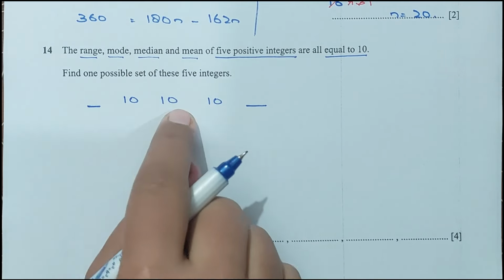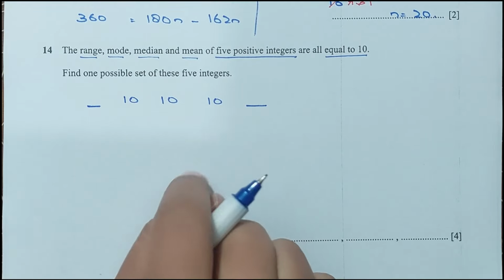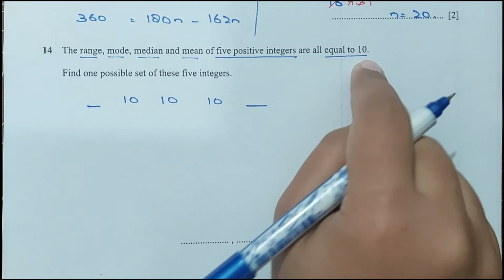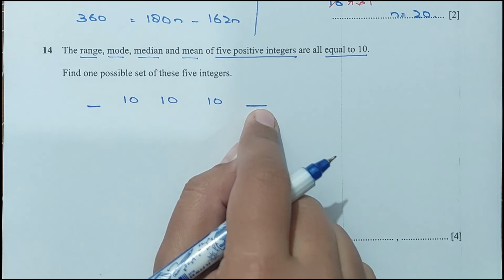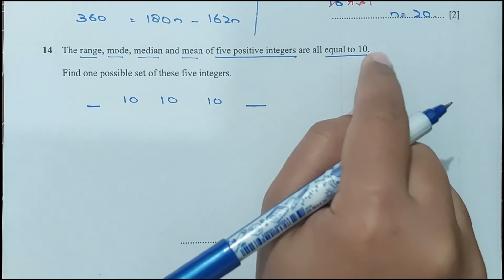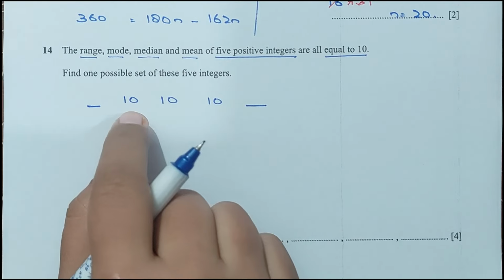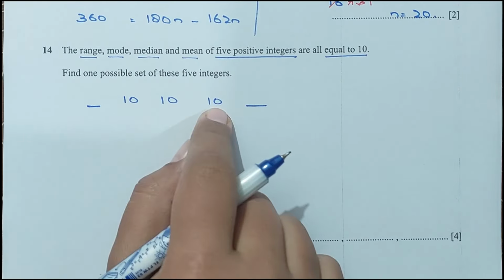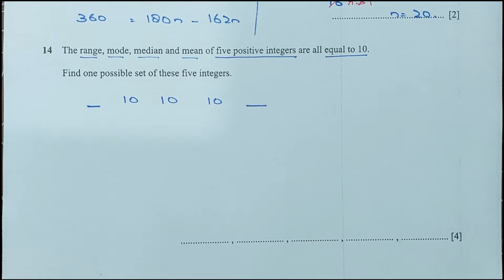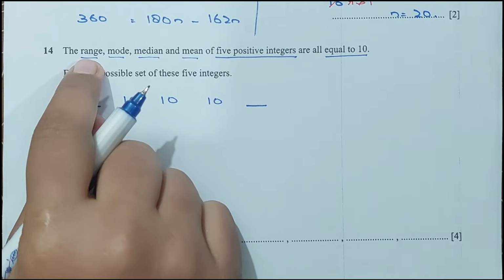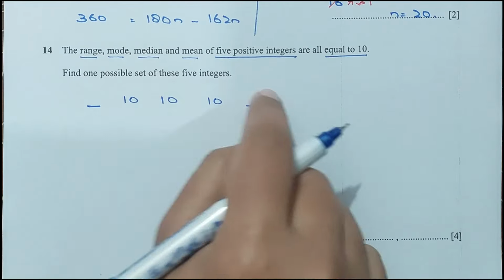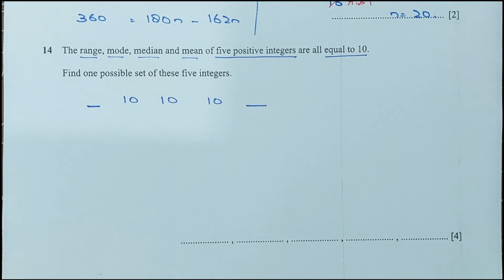Mean means we have to sum all the 5 and divide it by 5, we will get 10. It means the sum of all 5 must be 50, and 50 divided by 5 gives you 10, right? Okay, how can I make the sum 50? So it's 10, 10, 10, that is 30. So what two numbers add up to make the sum 50? And keep in mind the difference between the higher and lower should be equal to 10 as well.